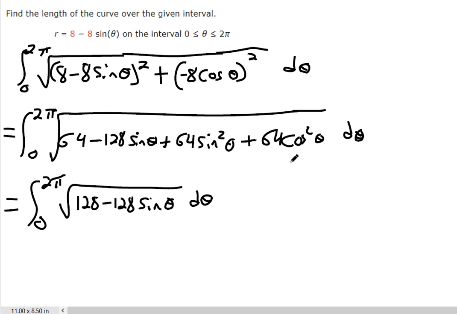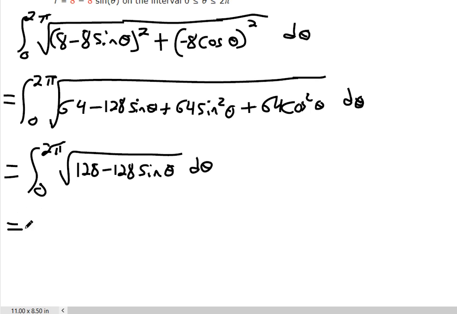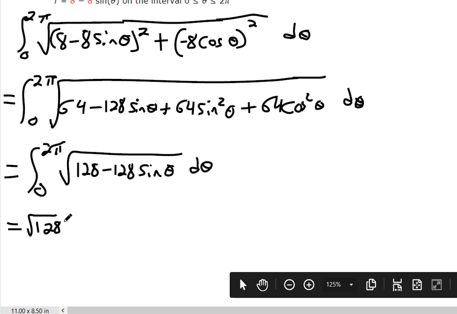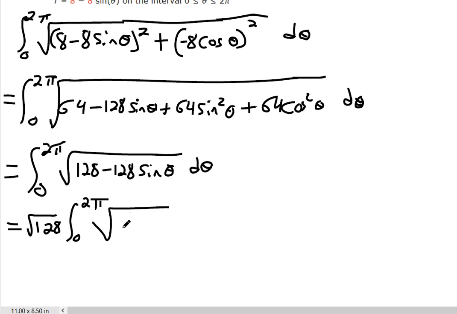I think we got everything else taken care of. So you can factor out a square root of 128 from this whole thing and put it on the outside. If we do that, then we have the integral of the square root of 1 minus sine theta with respect to theta.